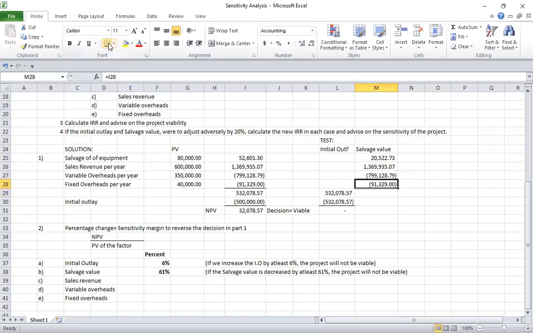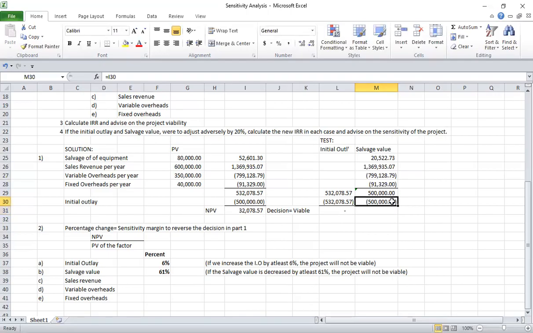When you add them downwards with the new salvage value, the total new present value comes to 500,000 shillings. We do not change the initial outlay either. So the initial outlay will remain at 500,000.